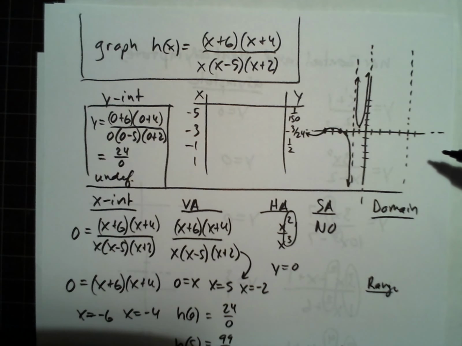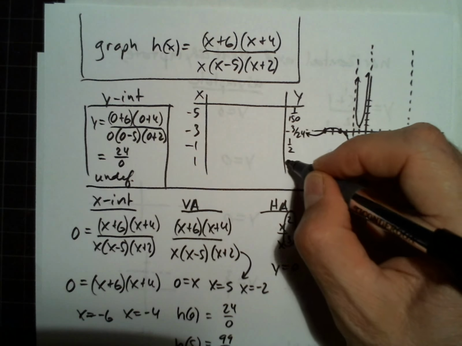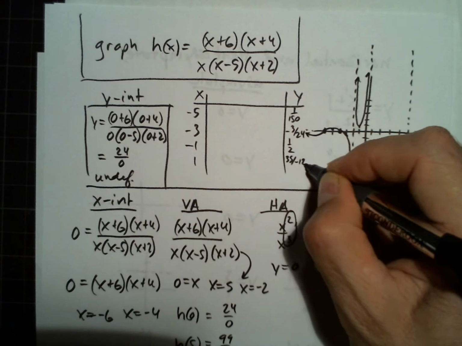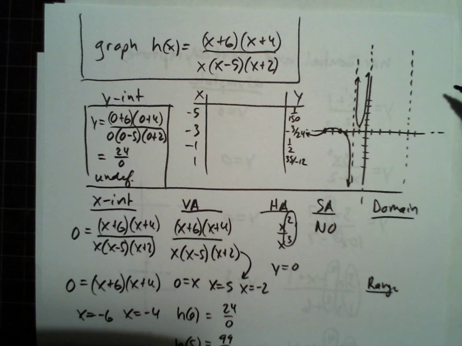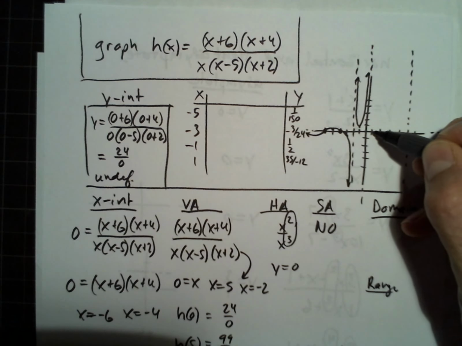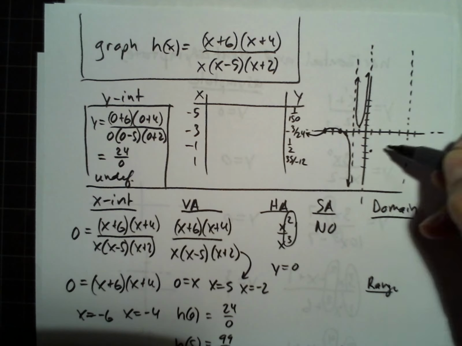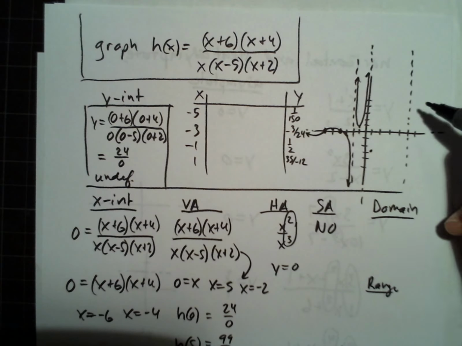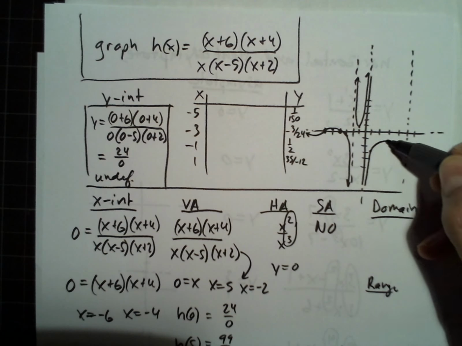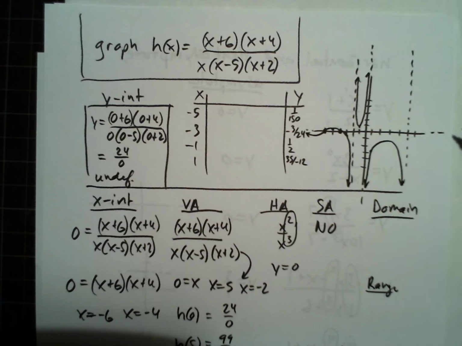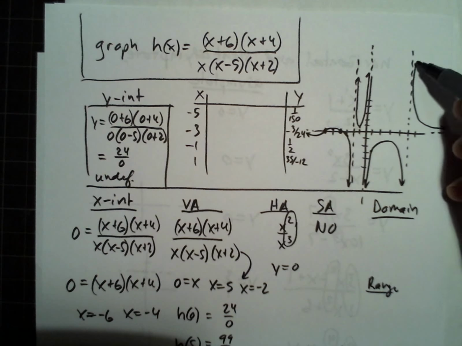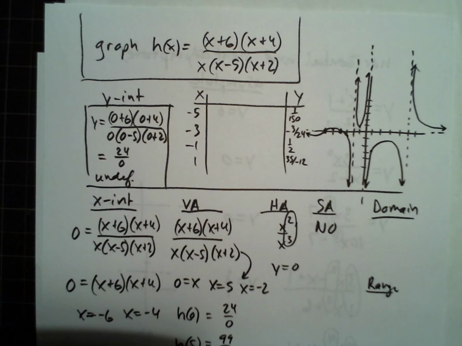At 1, we get 35 over -12. So almost -3 at 1. And if we check some more points, we're going to find that the graph goes like that. And we check some more points out here, and the graph goes like that, just to save some time.